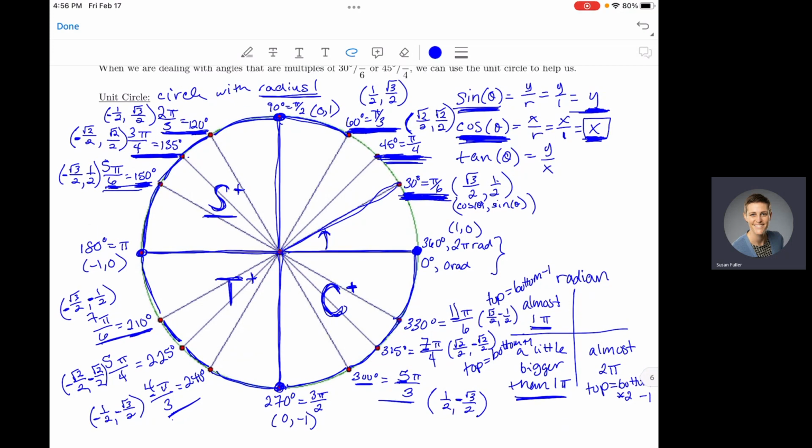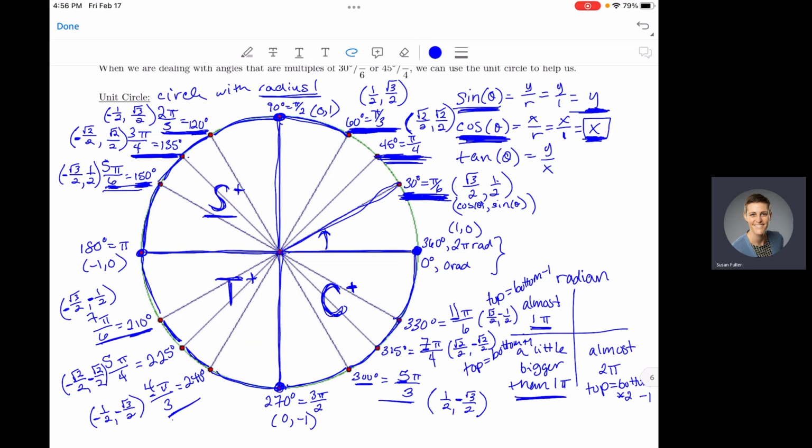This is the unit circle. So it's a lot of information inside one tool. And there's a lot of information coded in here as long as we know how to use it. So let's practice using this.